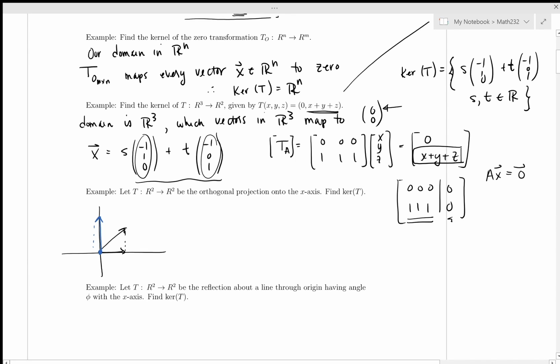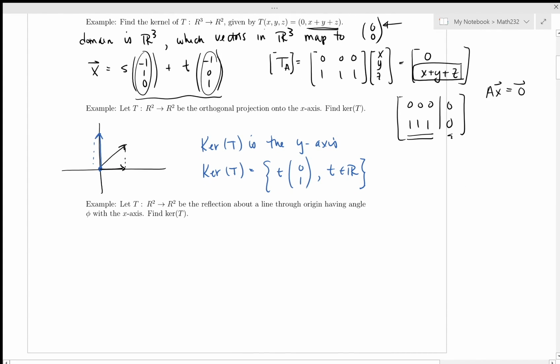So any vector along the y-axis will give a 0 result under this orthogonal projection. So the kernel of T is the y-axis. Or we could write that alternatively like this. Kernel of T is the set of all vectors that look like this, and that is a parameterization of the y-axis.